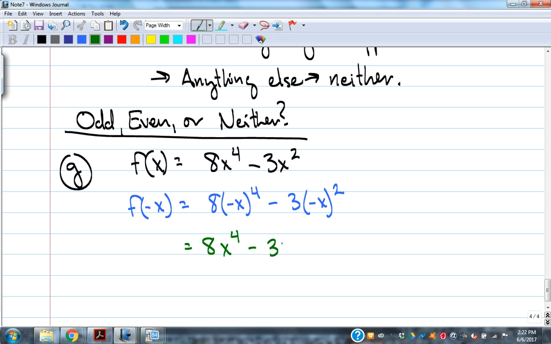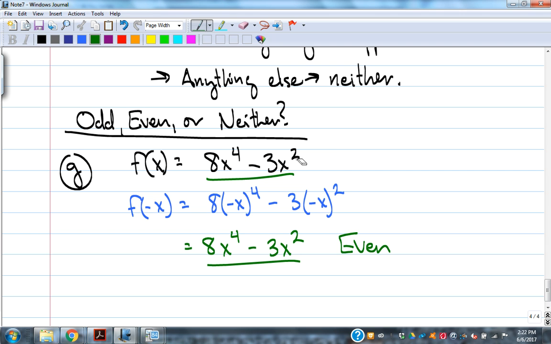So both of these end up being exactly the same as they originally were. That and that are the same, so this is even. A shortcut to knowing if something is even is looking at the exponents on the variables. What do we know about both these exponents on the variables?